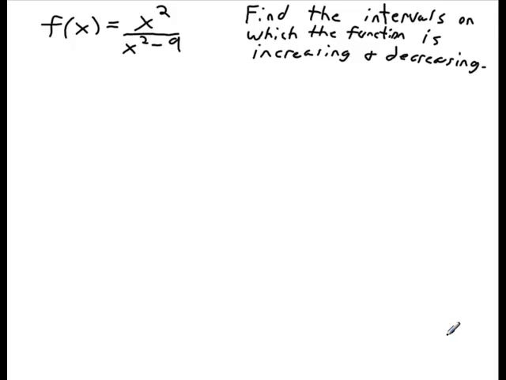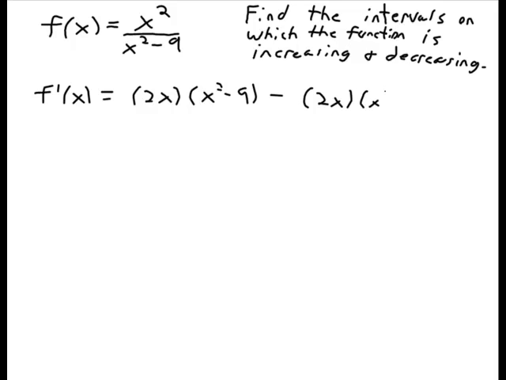So first let's go ahead and take our derivative. Here our derivative f prime of x equals, we'll use our quotient rule, so it'll be the derivative of the numerator times the denominator left alone minus the derivative of the denominator times the numerator left alone, and all of that divided by the denominator squared.